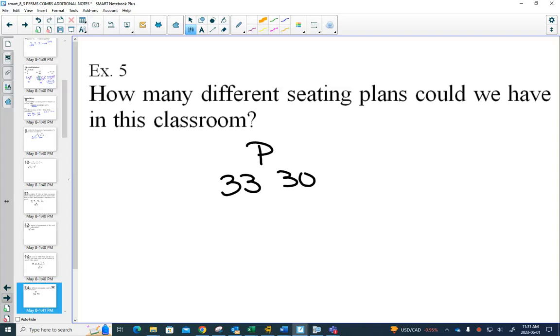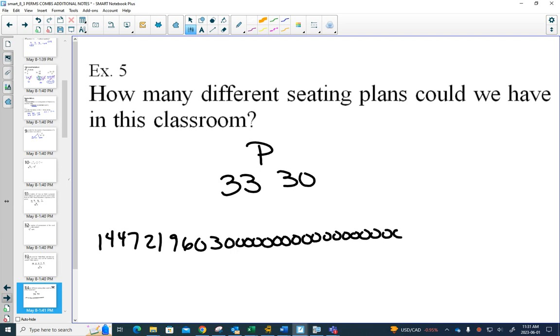That is a lot. If I go to my calculator and I put that in, oh my goodness. This is the number that I get. About. The last bunch of zeros aren't actually right. I just rounded because my calculator doesn't show them. There's a huge number of seating plans.